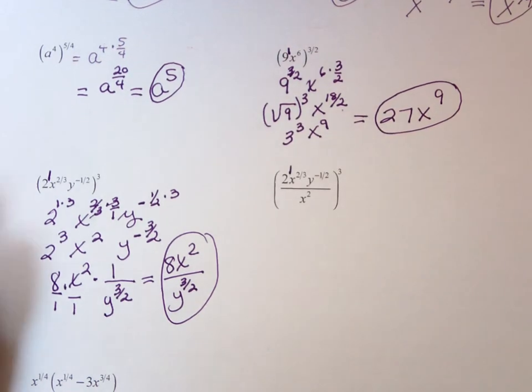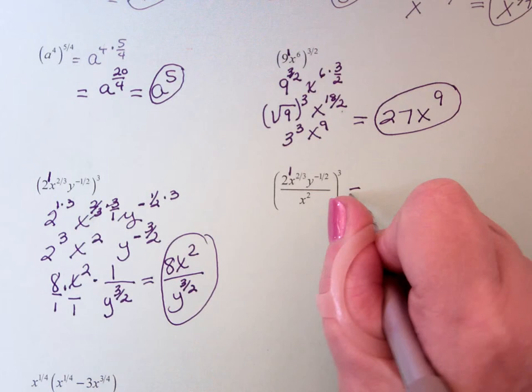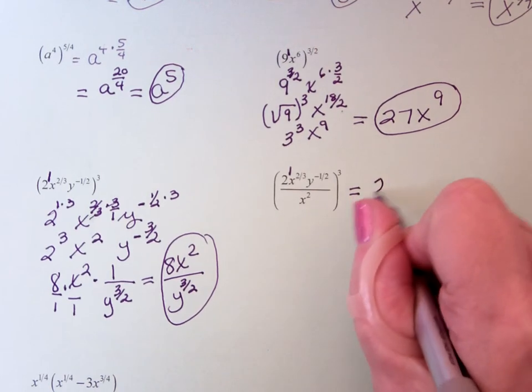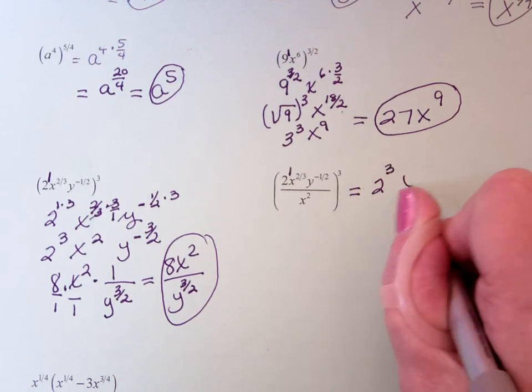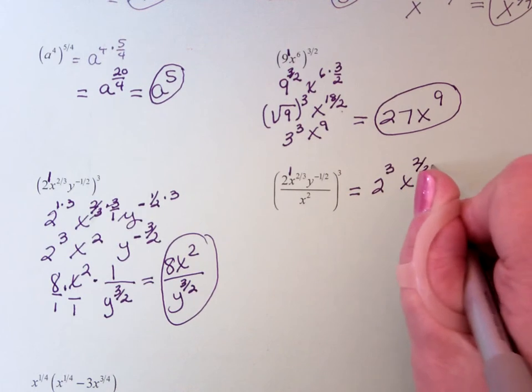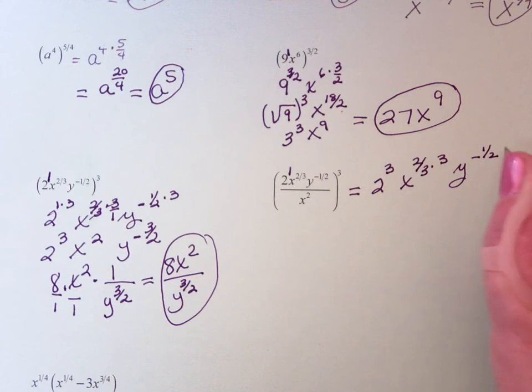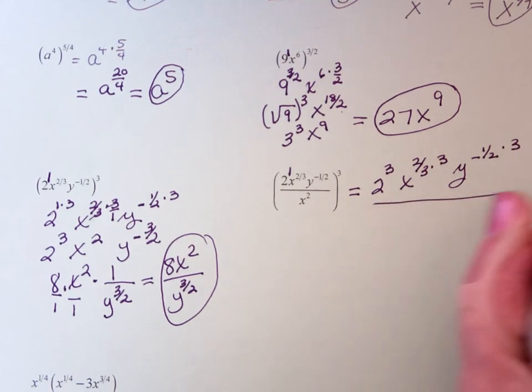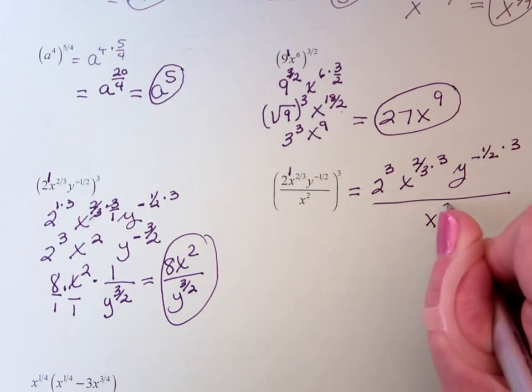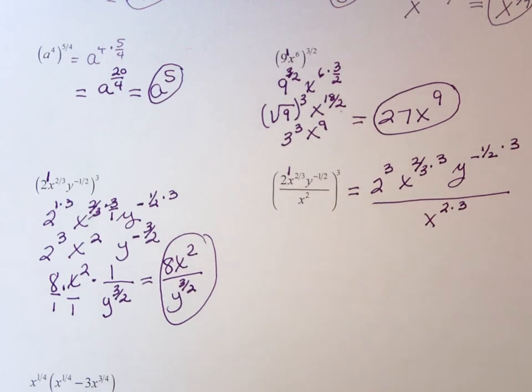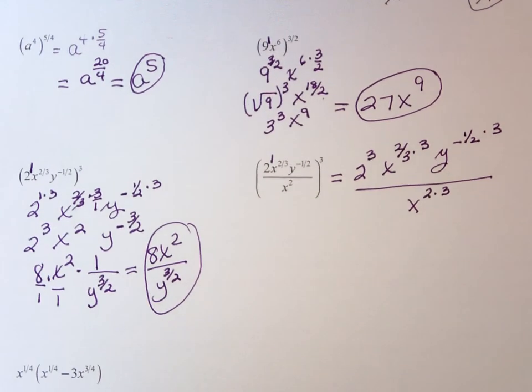Now this guy can be unpleasant. This is 2 to the 3, x to the 2/3 times 3, y to the negative 1/2 times 3, over x to the 2 times 3, using the properties of exponents.